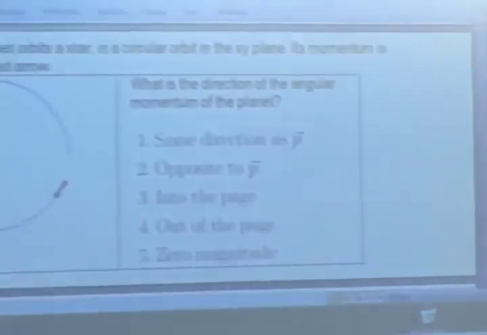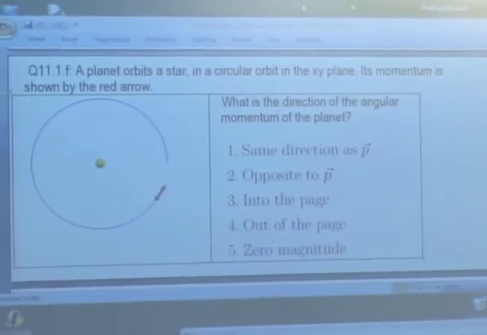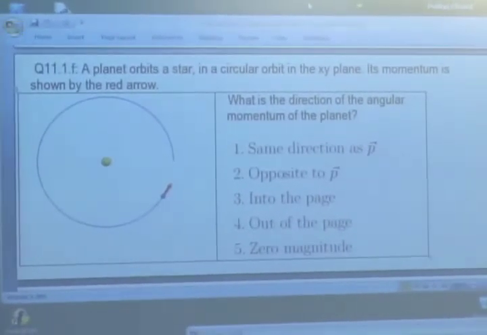So we've got a planet going around a star, and its orbit is in the xy plane, and the momentum is shown by the red arrow. So what would we say the direction of the angular momentum of this planet is? We say relative to the star, because the star is the point we're picking to draw r from.